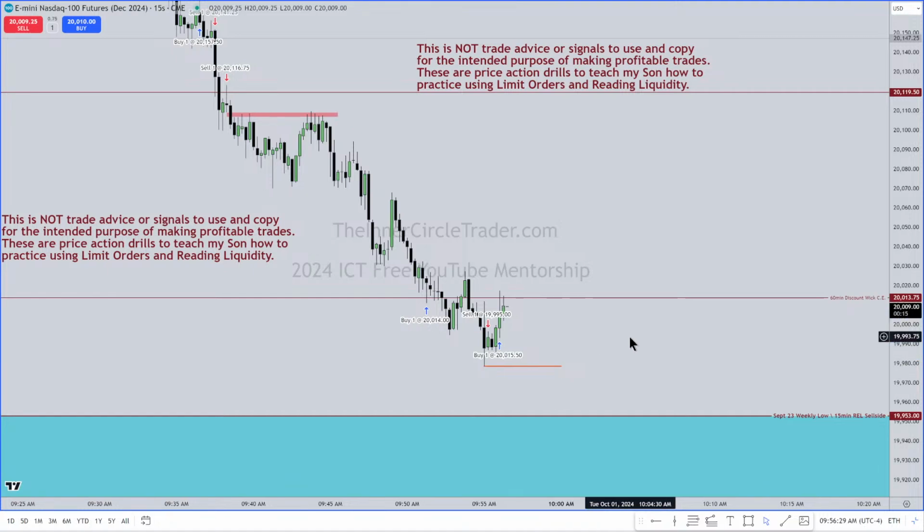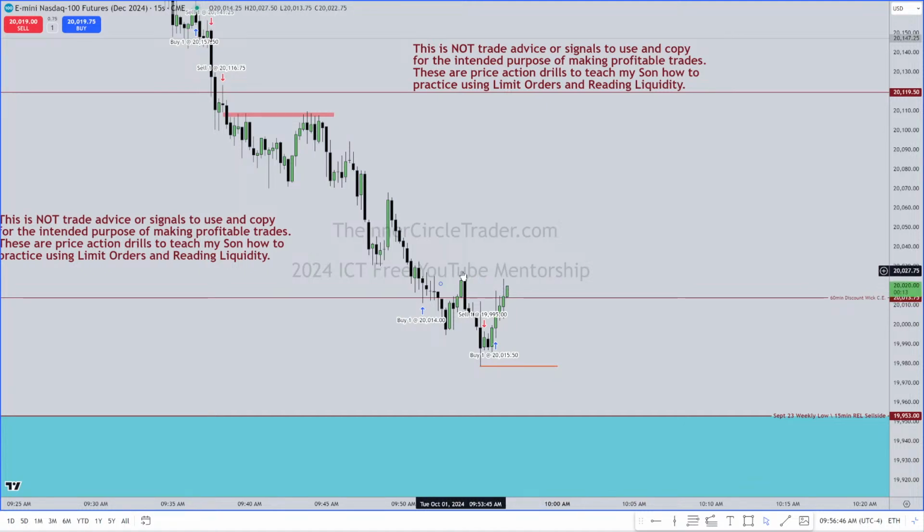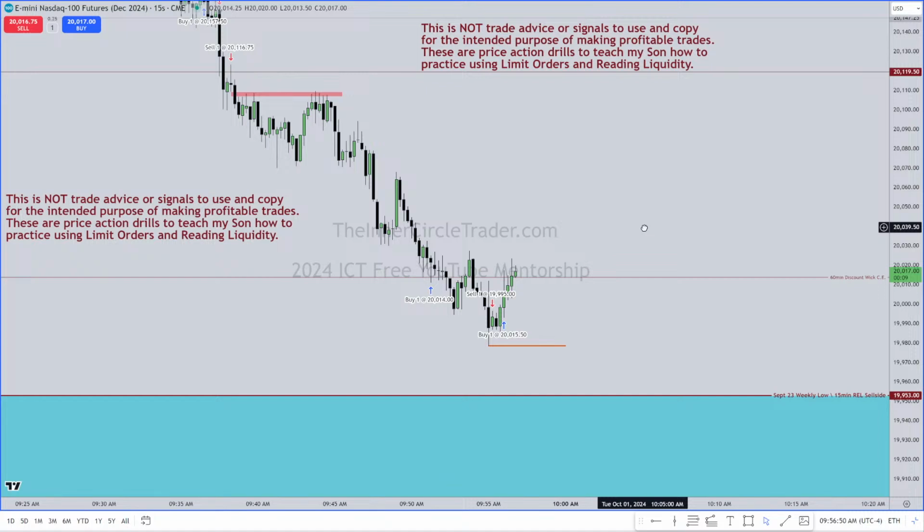Every single instance that a fair value gap forms, okay, every single one, which I missed this one here. I would have used this one with a stop loss right above here. So in fairness, for the exercise and the drill, I would already be filled in here on a short with a stop loss right above this high. But I wasn't able to execute on that fast enough because I'm talking.